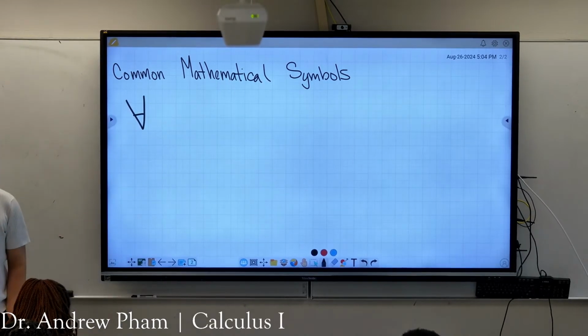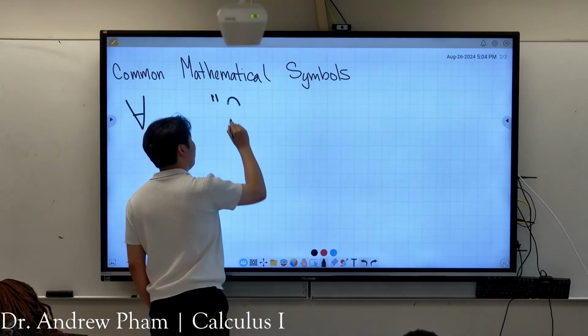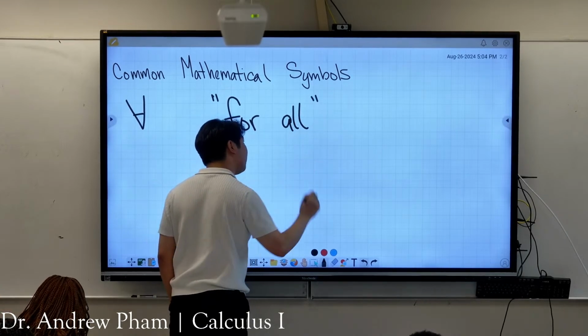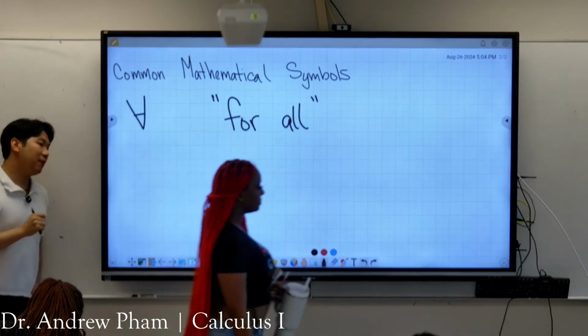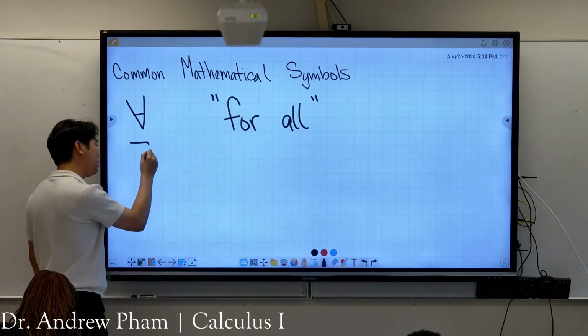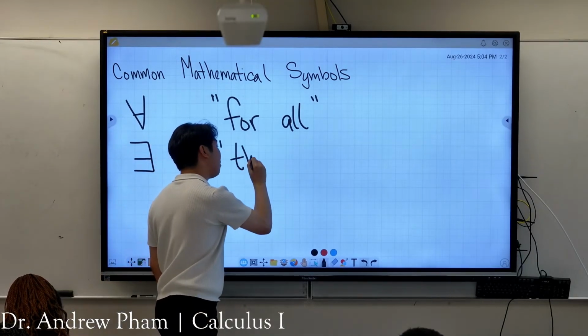This symbol looks like an upside down A. This is notation for all. So we have our first notation. Additionally, I'm going to use a backwards E, meaning there exists.